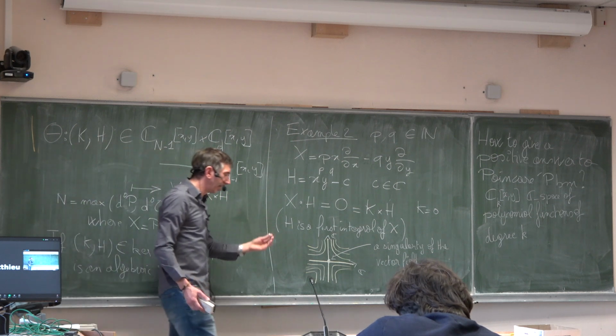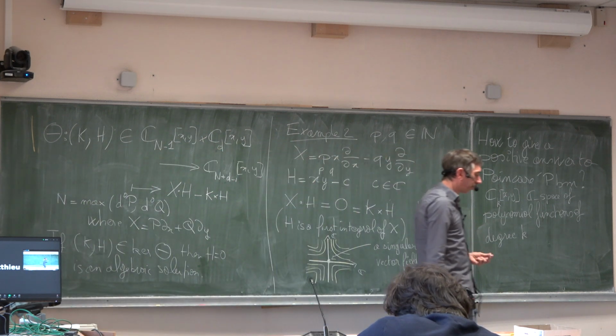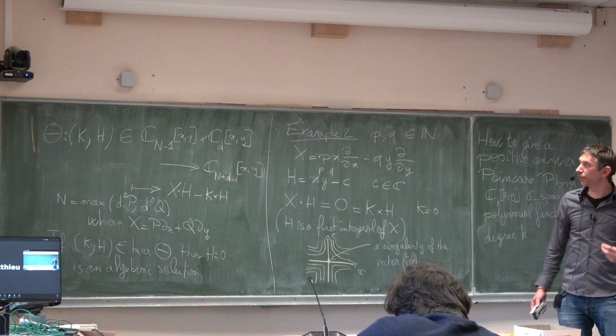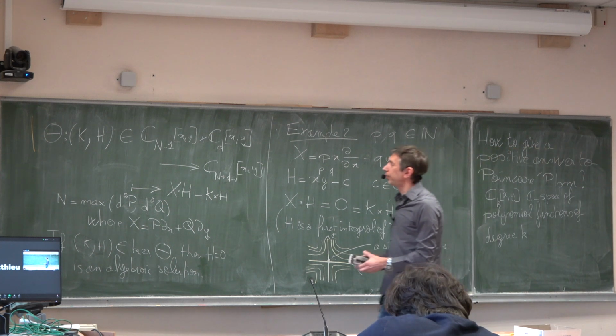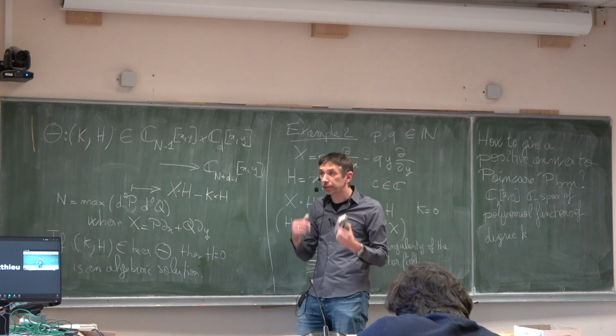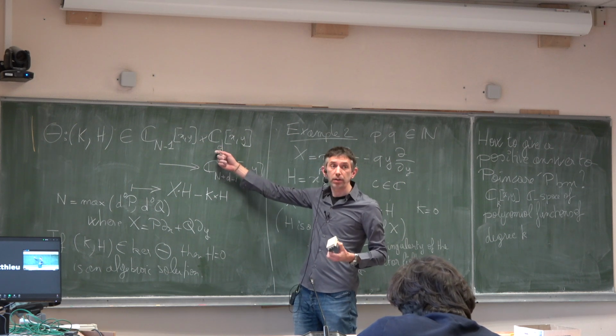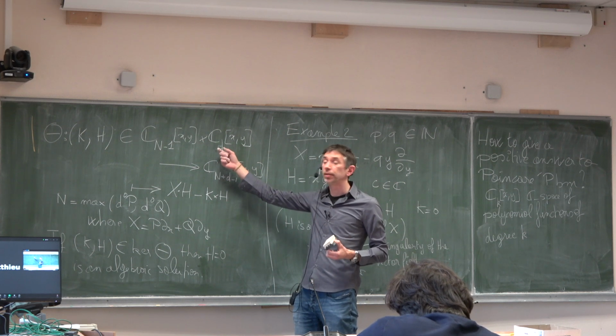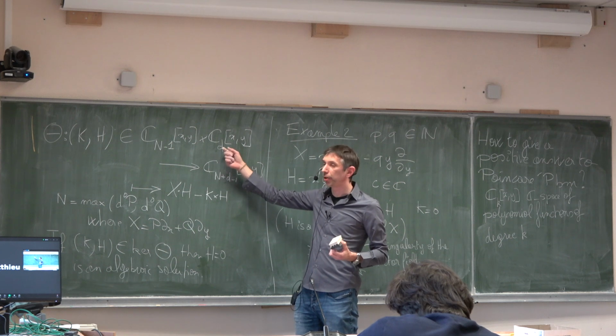So basically, the initial problem of Poincaré can be stated in the following way. Given a vector field X, can we find an a priori bound for a potential algebraic solution?